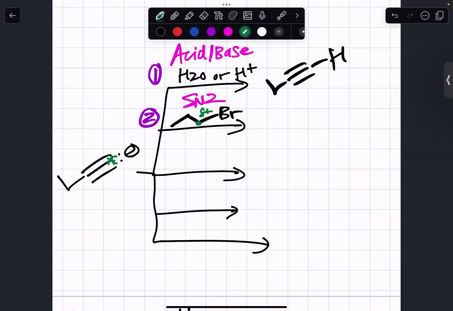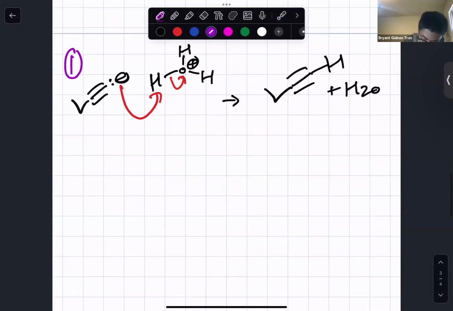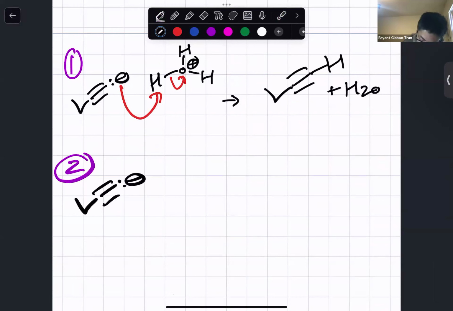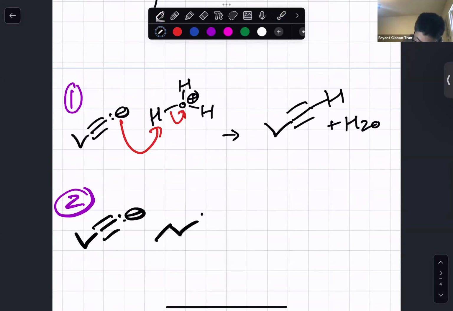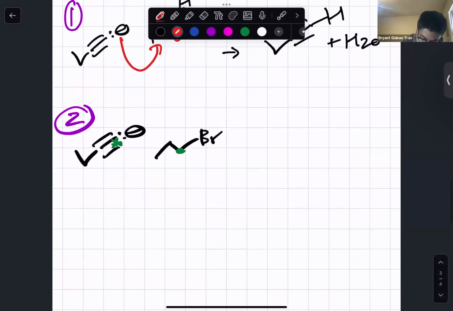So what that looks like is this right here, where we have that nucleophile and this electrophile. Star is my nucleophile, dot is my electrophile. When I draw the attack, this negative charge carbon attacks that carbon and kicks out that leaving group right there.